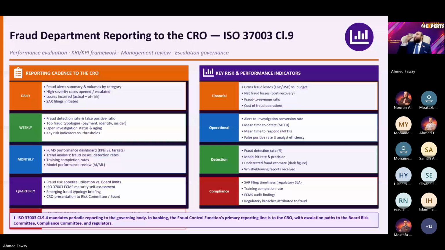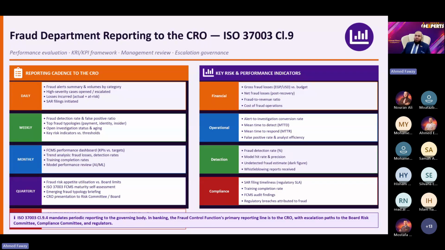The operational ones: the alert to investigation conversion ratio, since maybe the majority of alerts are false positive or false negative, the worst. Mean time to detect, mean time to respond, what are the differences between both? If you have something like this in business continuity, please differentiate between both.